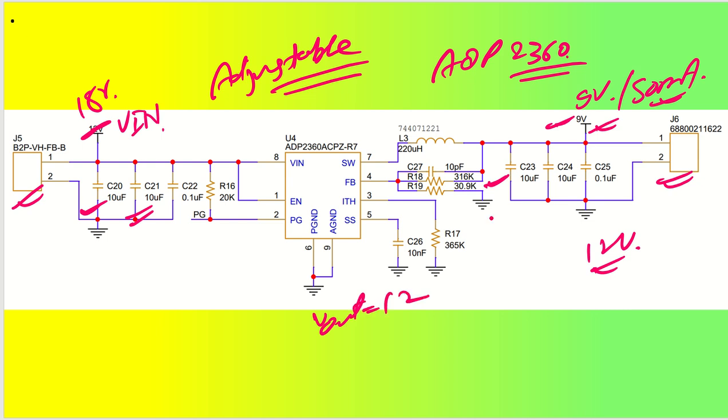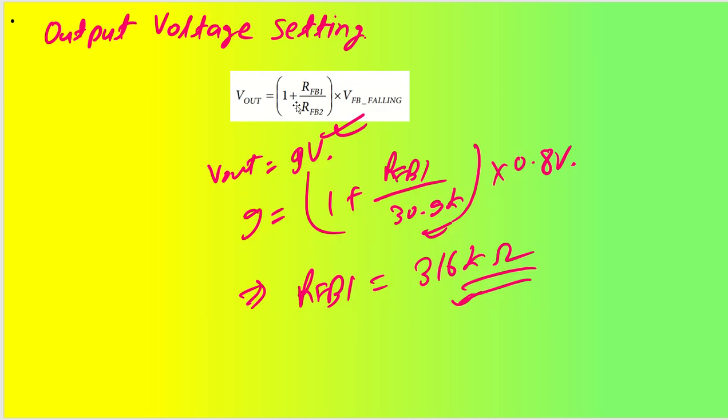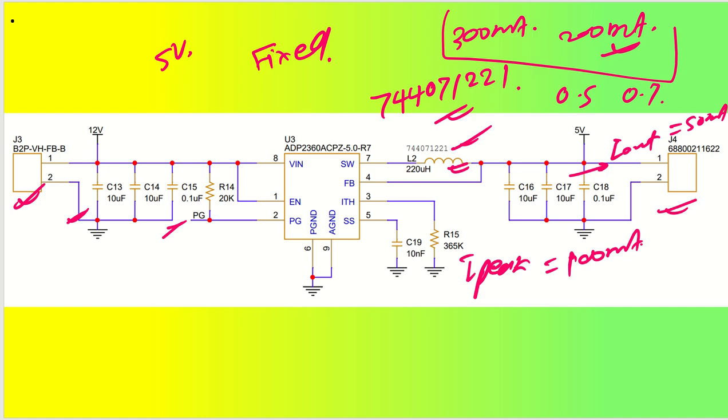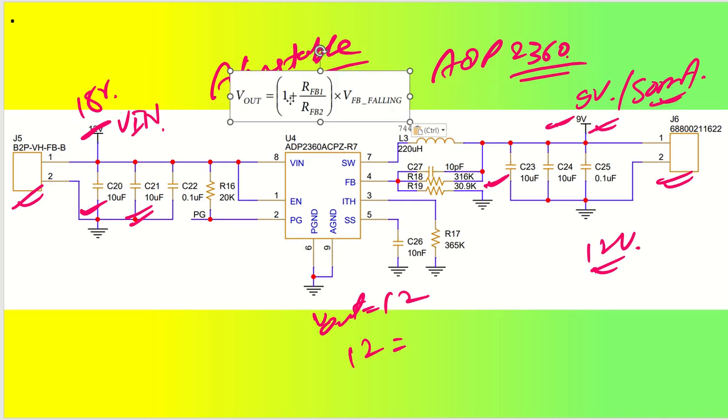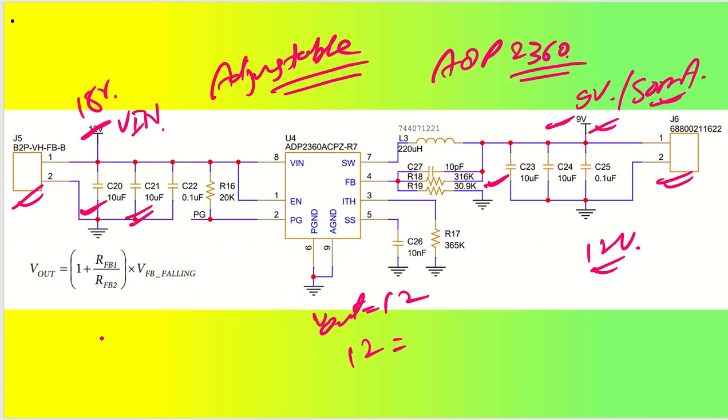So in that case, what you can do is set 12 volt output the same way. V output is equal to 12. In that case 12 must be equal to, what was the formula, V output is equal to, let me just see the formula, 1 plus RFB1, like I'll put it here, it will be easy for you, okay. So this is the formula that we have to understand.